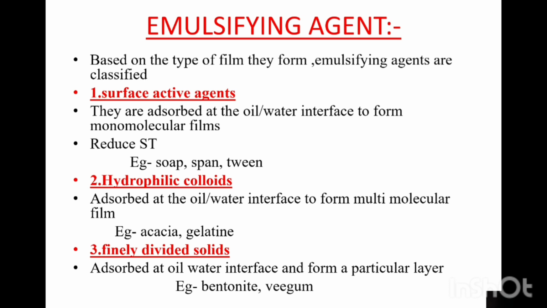Here you can see different types of emulsifying agents. Based on the type of film they form around the globules, emulsifying agents are classified as surface active agents, hydrophilic colloids, and finely divided solids. If the emulsifying agents adsorb at the oil-water interface and form a monomolecular film around the globules, then they are called surface active agents. These agents reduce surface tension. Example: soap, span, tween.